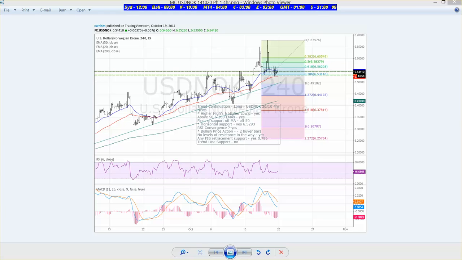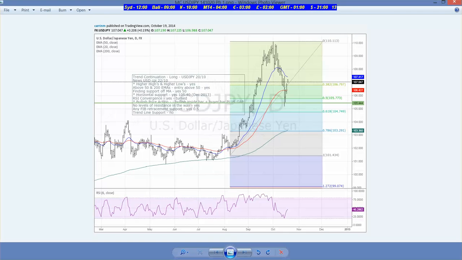Dollar yen, having a look at that. Yeah, just chase the market, so that's all good.